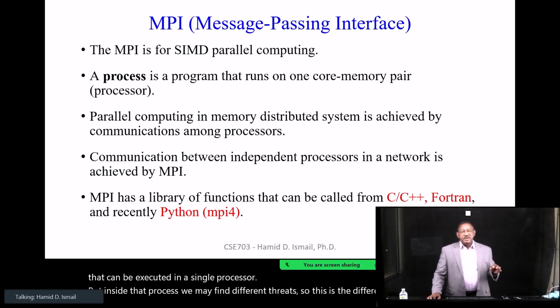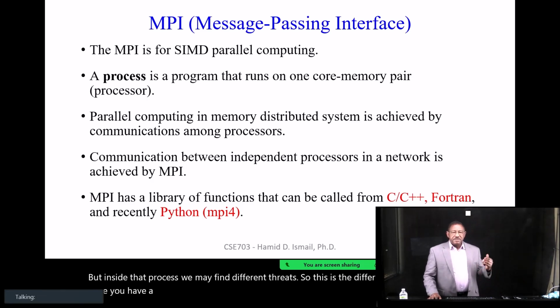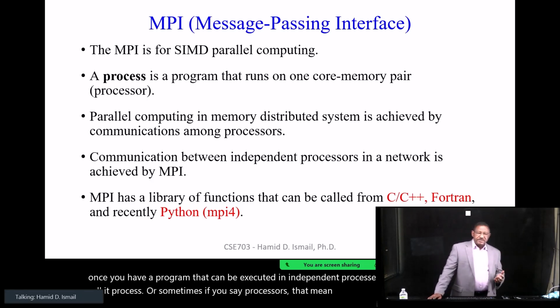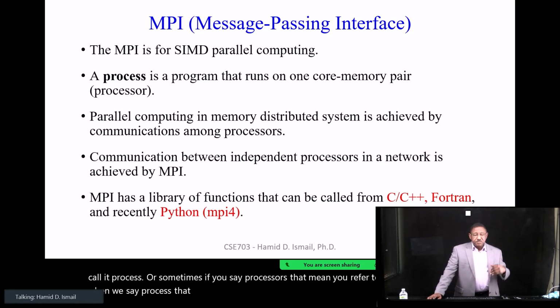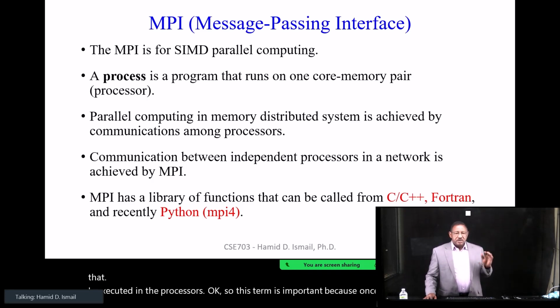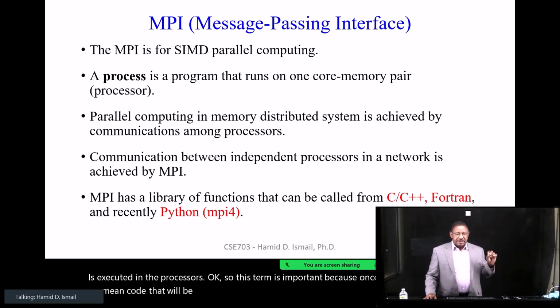Once you have a program that can be executed in independent processes, we call it a process generally. Sometimes if you say processors, that refers to the hardware. But when we say process, we mean the code itself that is executed on the processor. So this term is important, because once we say process, we mean code that will be executed on an independent processor.